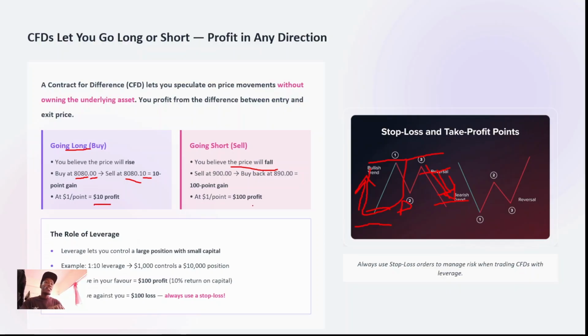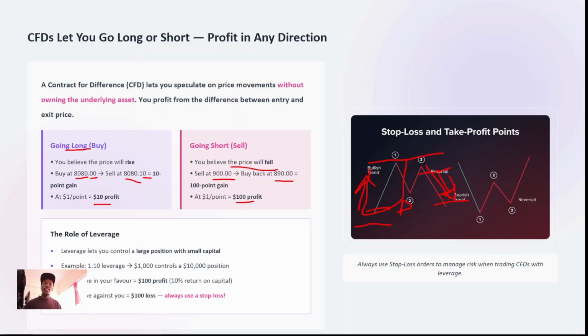The same with a selling price. You sell at 900.00. The price goes back to 890.00. So you have a 100-point gain. Each point is $1, so $1 times 100 points, you get $100 in profit.